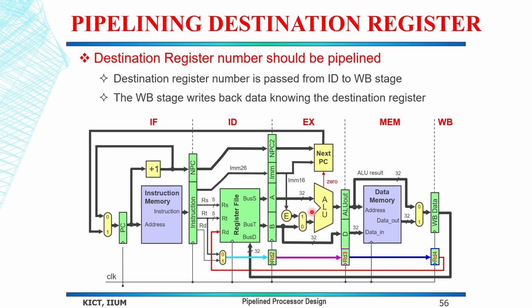You can see by looking at these pipeline registers that between two stages it passes the relevant data. For example, from instruction fetch to instruction decode, the instruction is the important data.